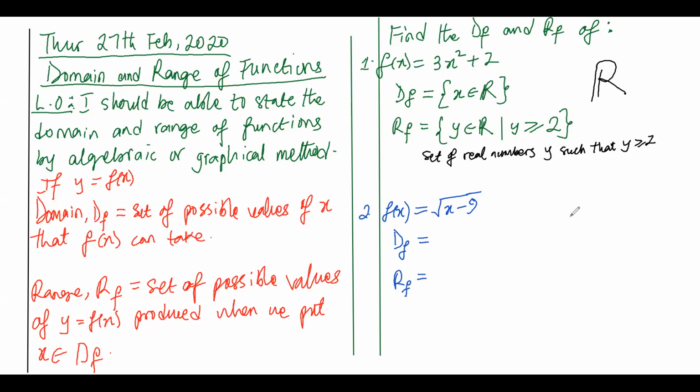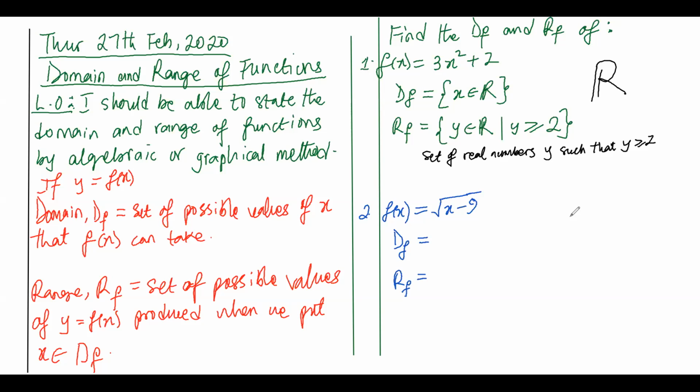Is it set of real numbers x such that x is greater or equal to 0? I'm not so sure. Think again. Close. Should it be x greater than 9?